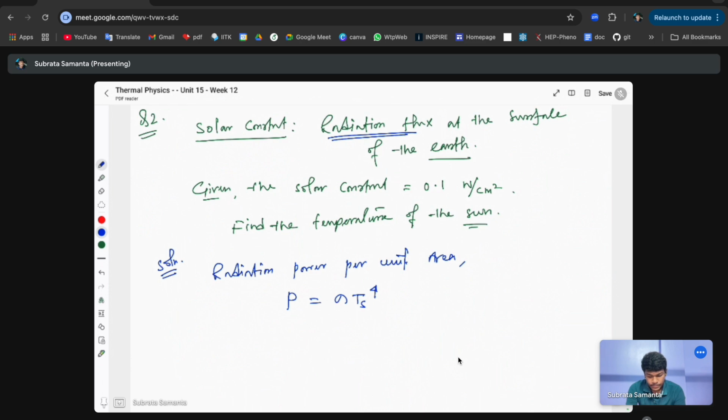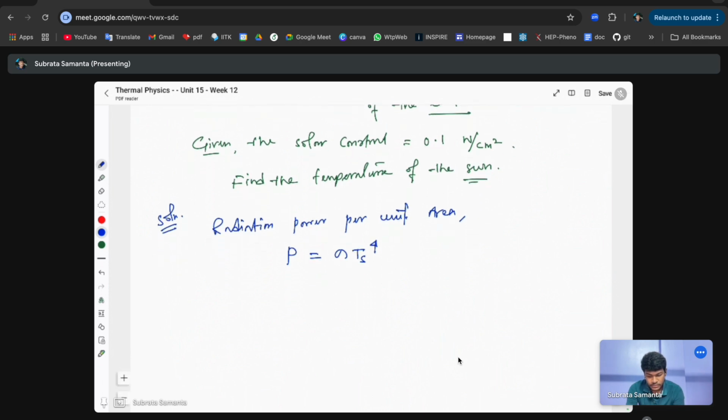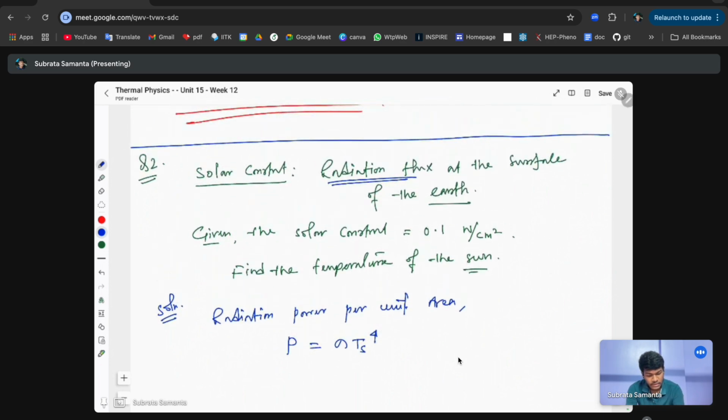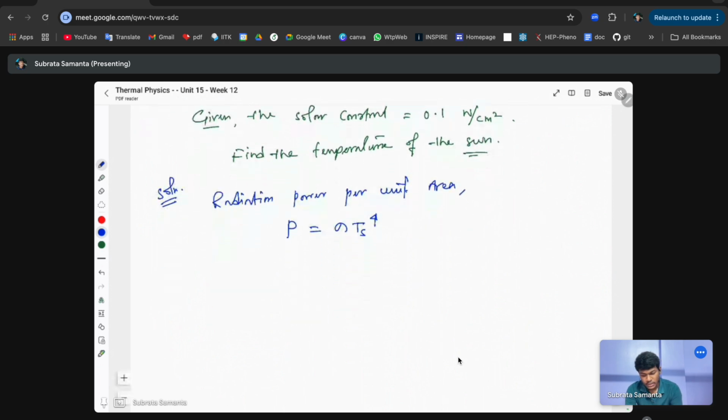And the solar constant is the radiation flux at the surface of the earth. So then sigma Ts to the power 4 times 4 pi Rs square over 4 pi d square is equal to 0.1.